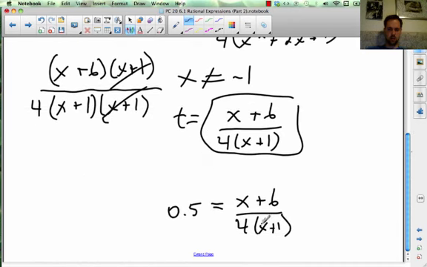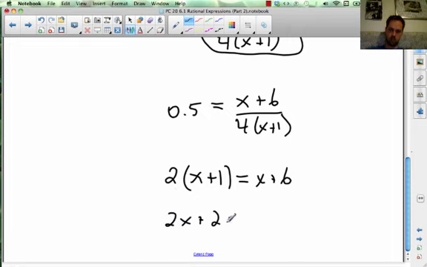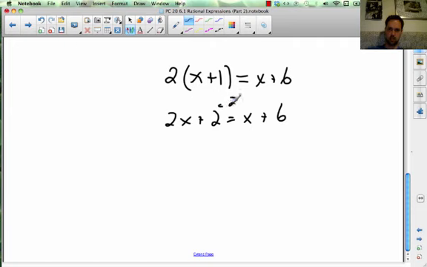So this involves solving for our variable x. So we multiply this over here, and we get 2 times x plus 1 equals x plus 6, and 2x plus 2 equals x plus 6. Subtract x from both sides, subtract 2 from both sides, and we get x equals 4.